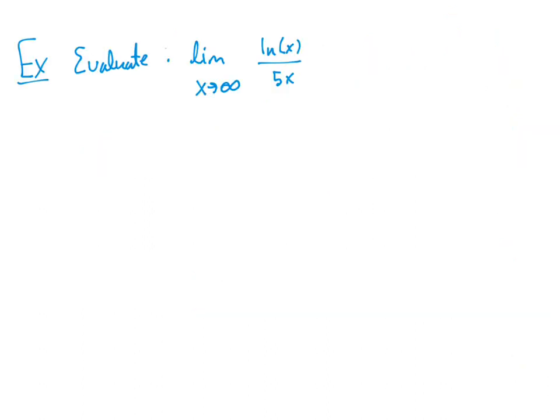All right, our next example, we want to evaluate the limit as x goes to infinity of ln of x over 5x. And by direct substitution, we can see that this gives us infinity over infinity. So let's apply L'Hopital's rule. Let's be consistent.